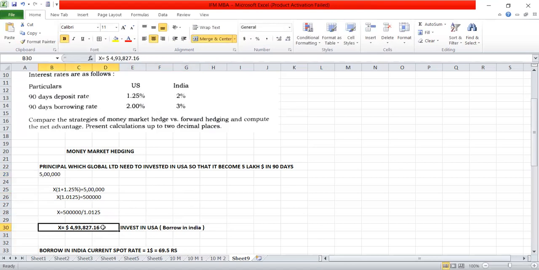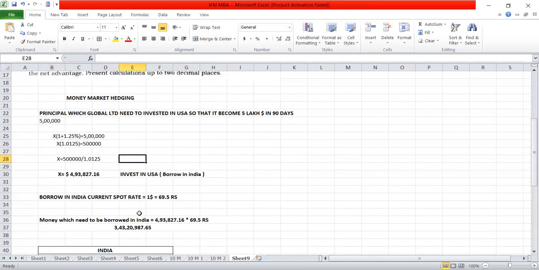Now the second thing. If the global company invests this 4,93,827 there, they will get 5 lakh. But in order to get this money, what will be the money they have to arrange in India? If they borrow in India at the current spot rate, $1 is equal to 69.5 rupees.